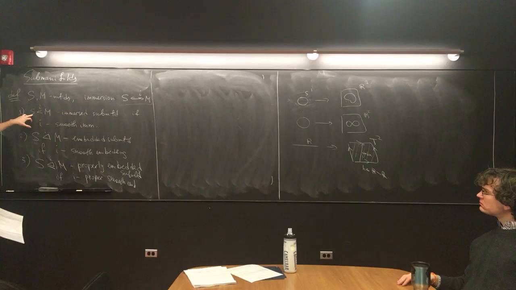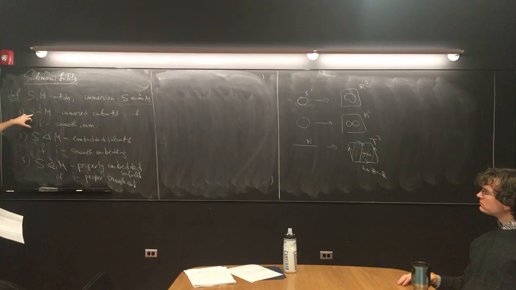Let's say we have gamma 1, gamma 2, paths in M with gamma 1 of 0 equal to gamma 2 of 0, and gamma 1 of 1 equal to gamma 2 of 1. Okay. Same ending points.